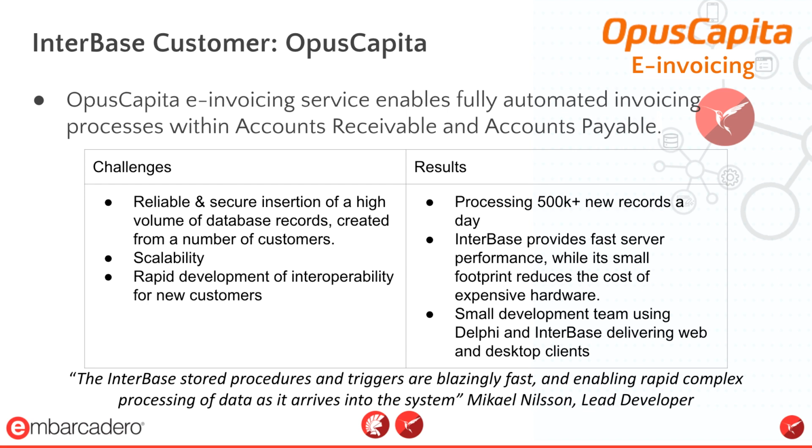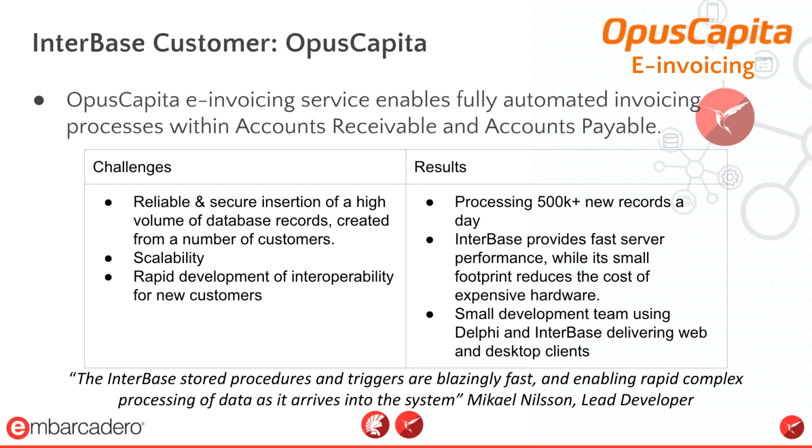And as their business grew and their customer base grew, they're now on a server that is powered up with a decent amount of memory, a solid state drive, but still a fraction of the spec that some other top end databases would need to provide the same kind of throughput.